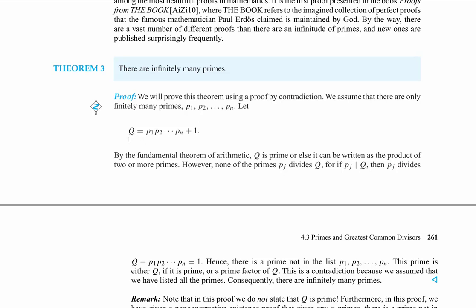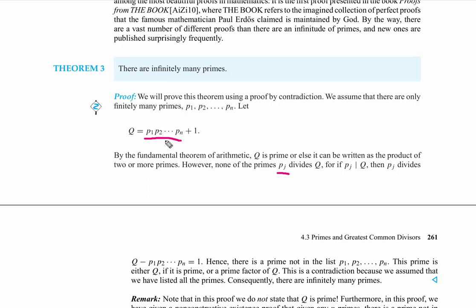because if P divides q, well, we know P divides this piece. So if P sub j divides q, we know P sub j divides this piece.